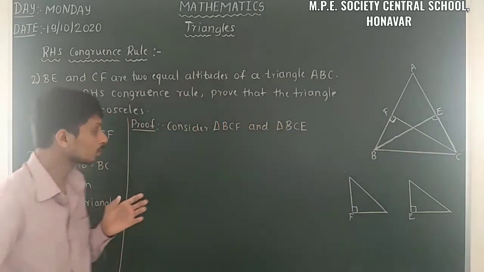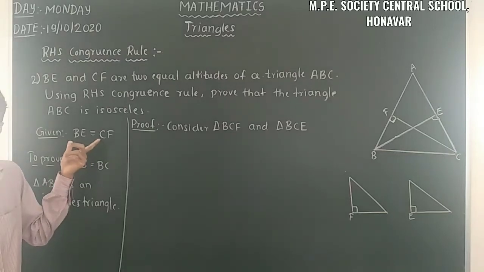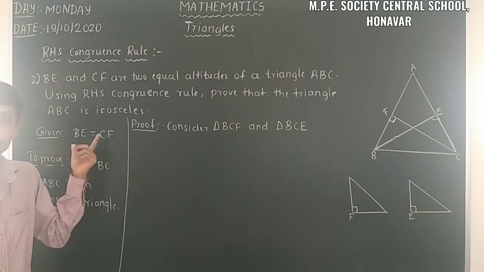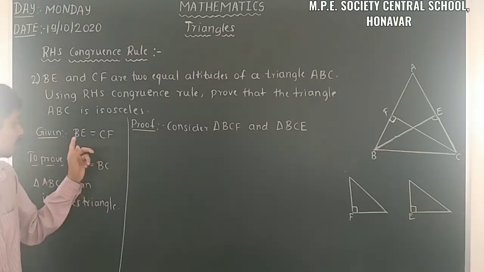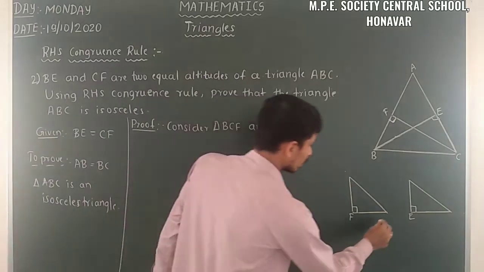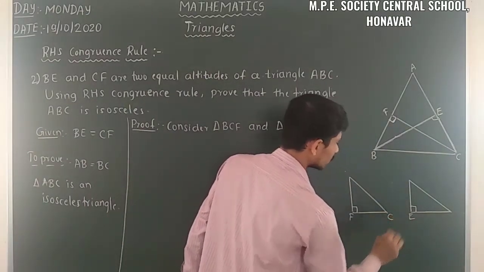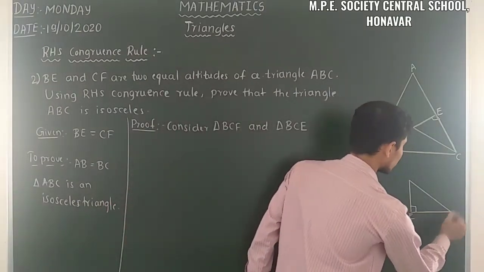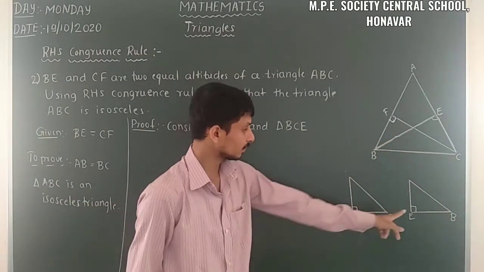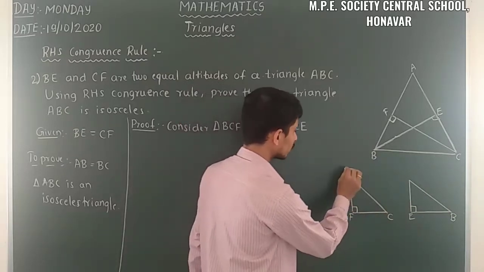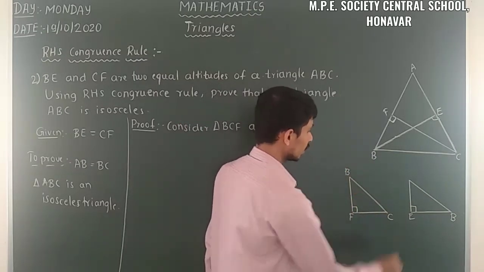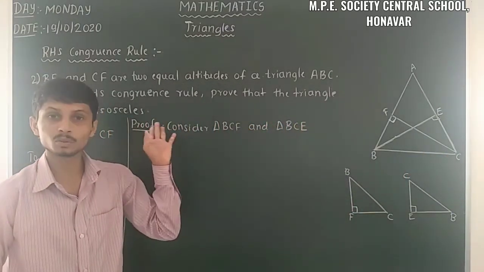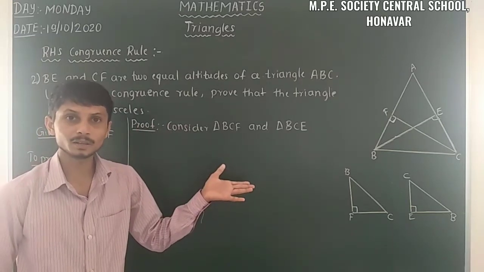But we have to be aware of these two sides, those two are equal, so we have to consider those two as corresponding sides, that is BE and CF. So I will take C because CF and BE are equal. So CF is equal to BE. Then here we have to take B and here we have to take C. Likewise we have to take, otherwise it becomes difficult for you.